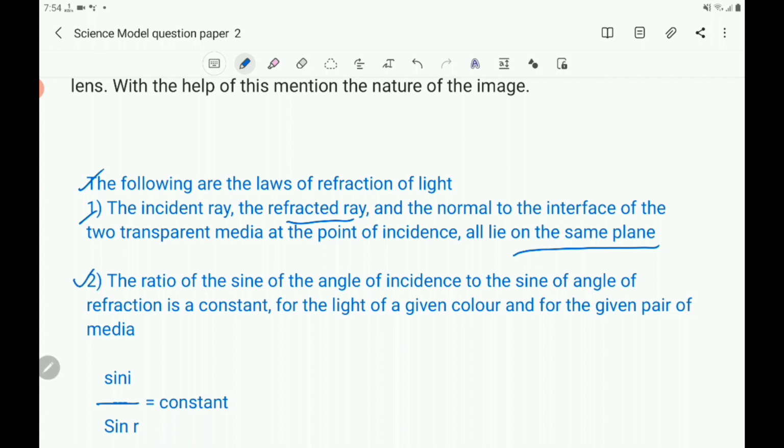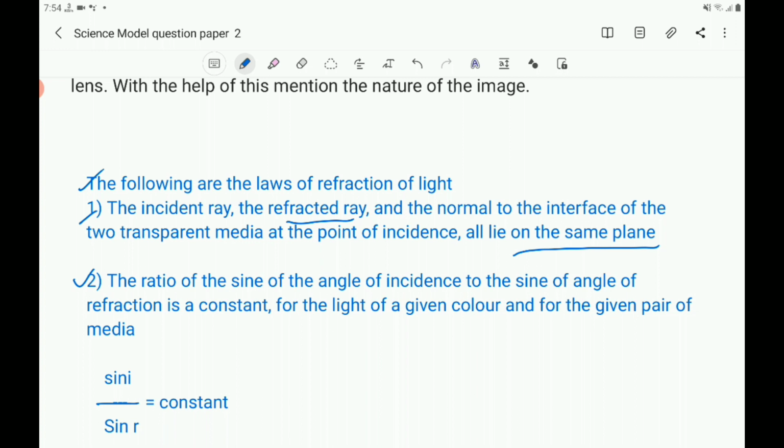And the second law, the ratio of the sine of the angle of incidence to the sine of angle of refraction is a constant for the light of a given color and for the given pair of media.